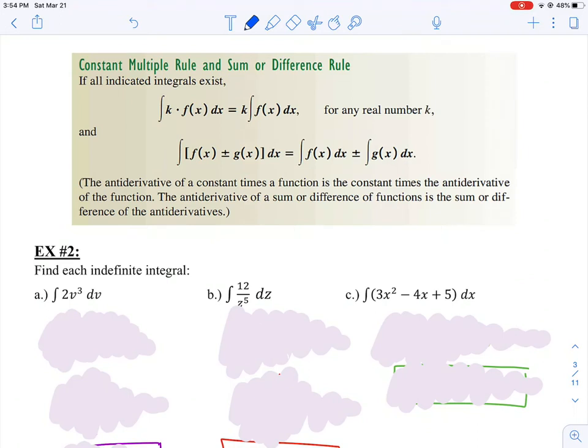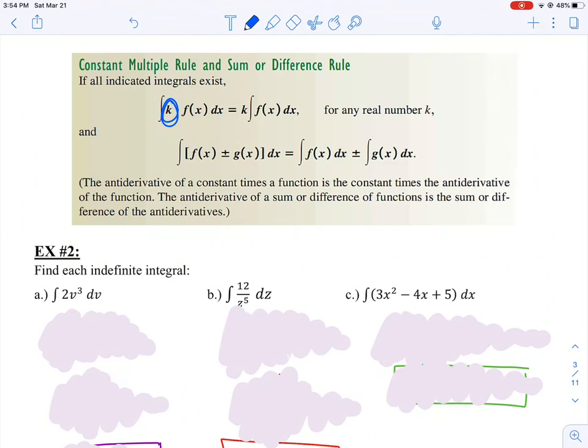All right. Anyway, we've been talking about antiderivatives. And just like we have derivative rules, we have antiderivative rules. So we've already learned the power rule. Now let's talk about a few more rules. And they're really similar to our derivative rules, where if I have a constant, a number, do you remember what we did when we had a constant in our derivative rules?